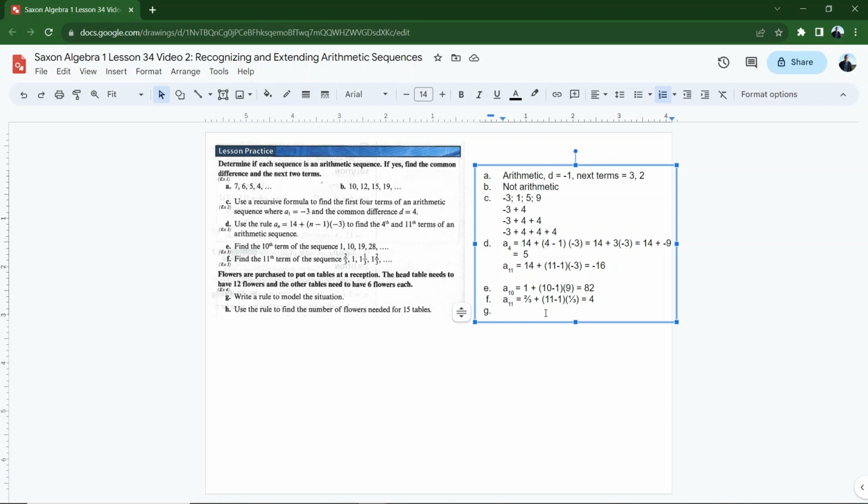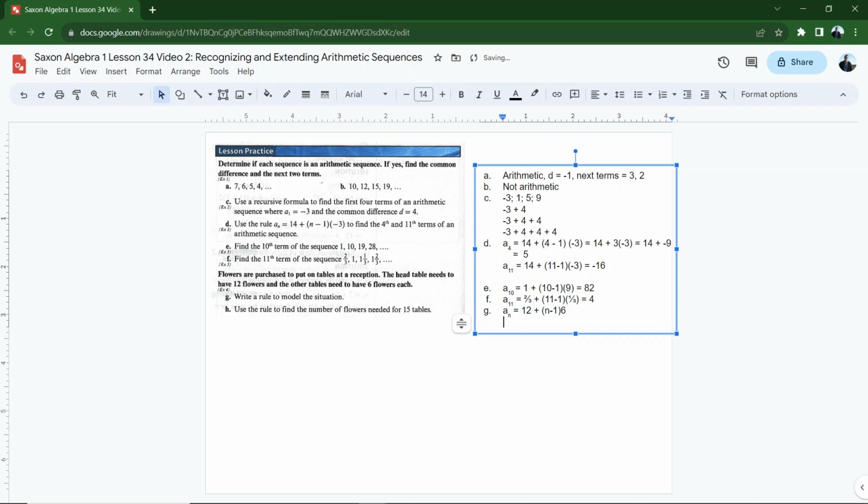It's going to be the nth term equals, and I'm just going to use my formula for an arithmetic sequence. The original amount, 12, plus, and then in parentheses, n minus 1, because I don't know what term I'm going to be looking for, times the common difference. The common difference here is 6, because each table that we add is going to have 6 more flowers.